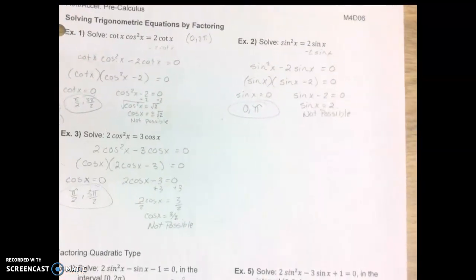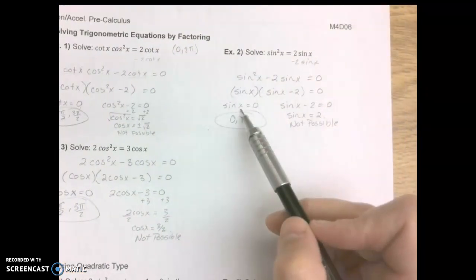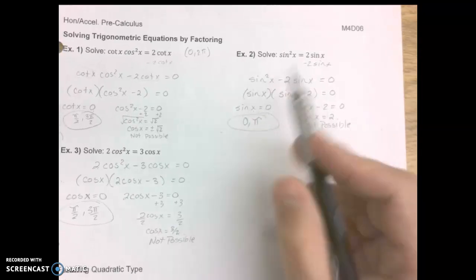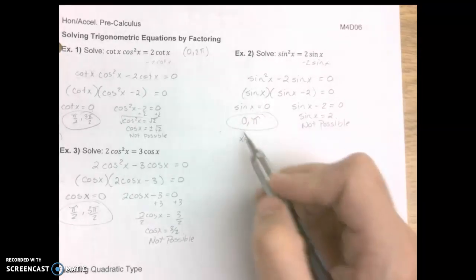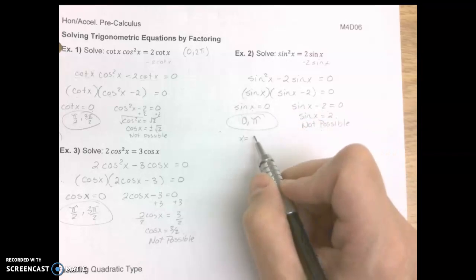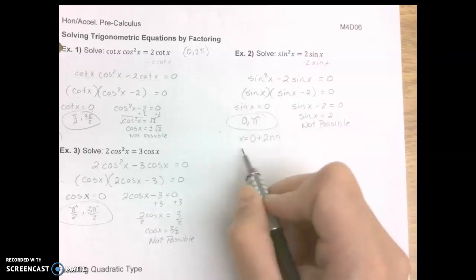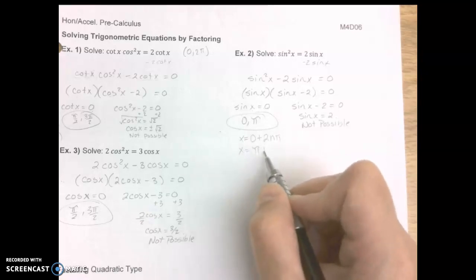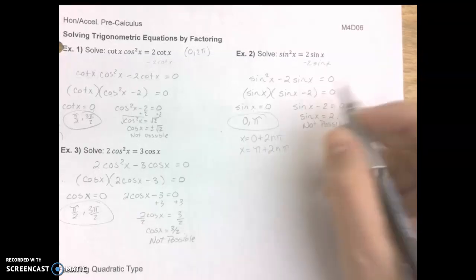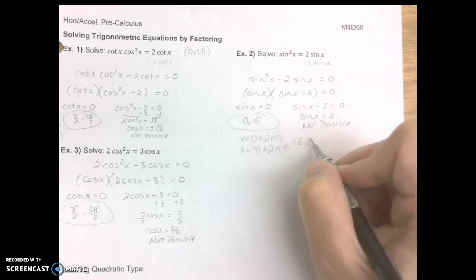Okay, just to clarify, right here for this equation, it is a sine of x, so if I did want to write all possible solutions here, it would be a 0 plus 2n pi. This would be a pi plus 2n pi, where n is an element of the integers.